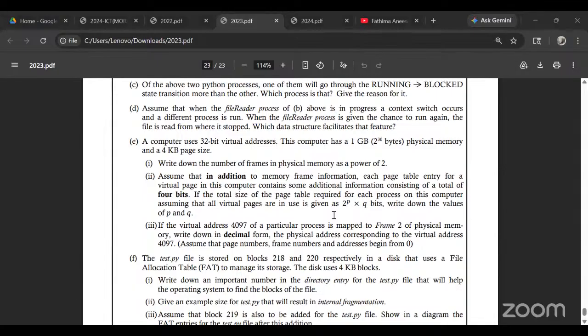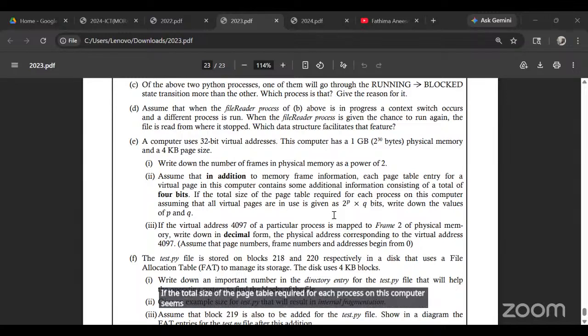Then what is p? They are saying the total size of the page table required for each process on this computer, assuming that all virtual pages are in use, is given as 2 to the power p and q bits. So it's per entry they are asking.